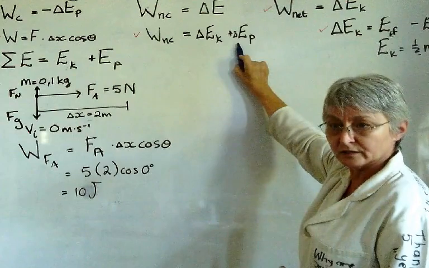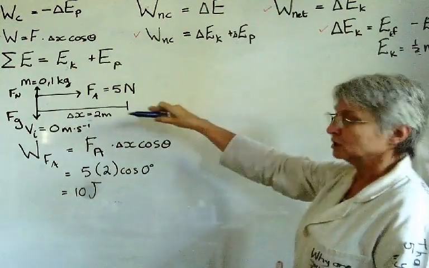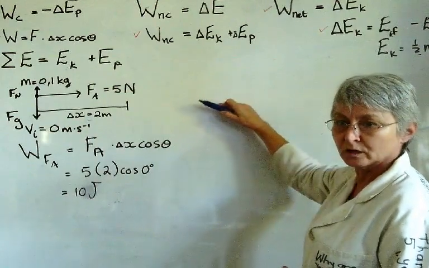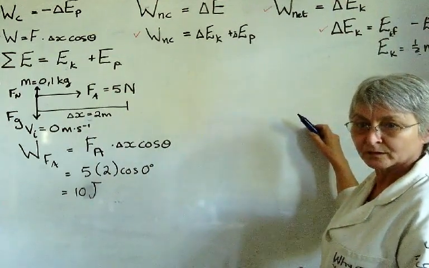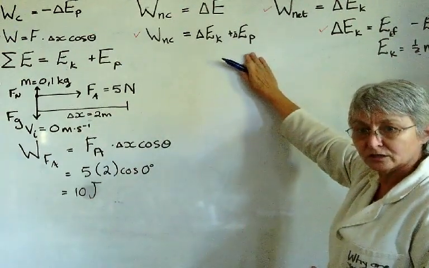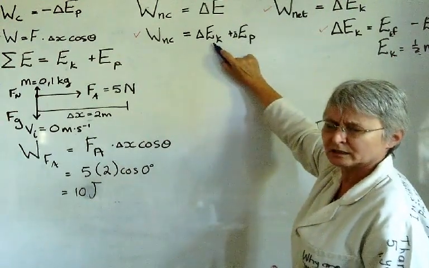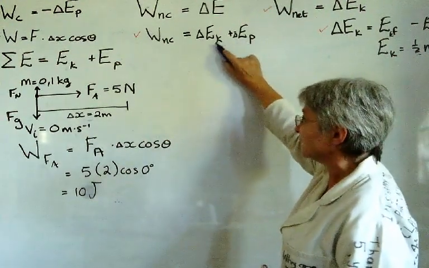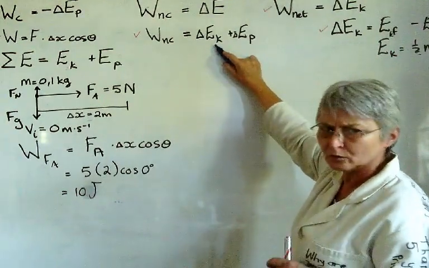Can you see that? It's just moving along a horizontal floor. So is it going to go higher up or lower down? No. So it is possible that I can use this equation because it's got change in potential and change in kinetic energy. But there is a simpler way to do it.